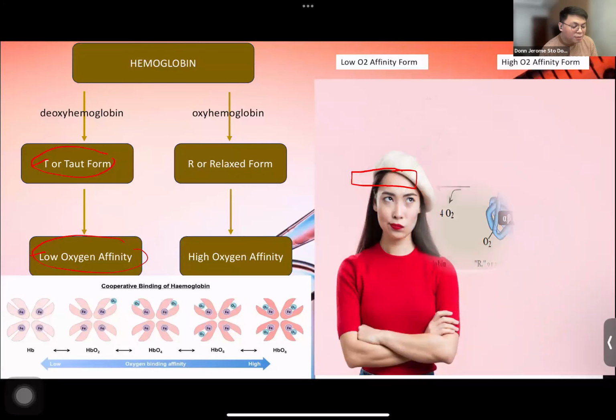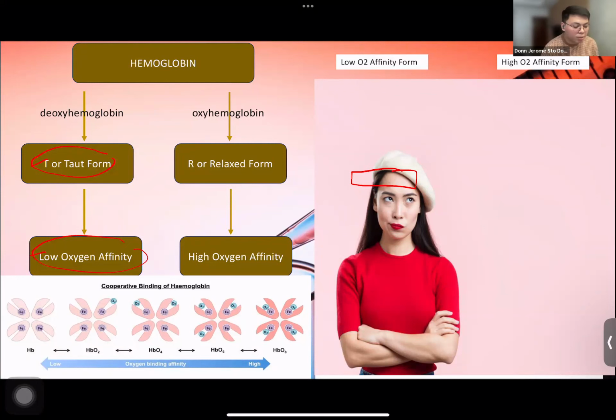Imagine it like this female, no, with her arm wrapped around her chest. Ayaw niya mag-accept ng oxygen, does not want to accept oxygen. So the tendency, if the hemoglobin is in the taut or T form or tense form, is to release oxygen.